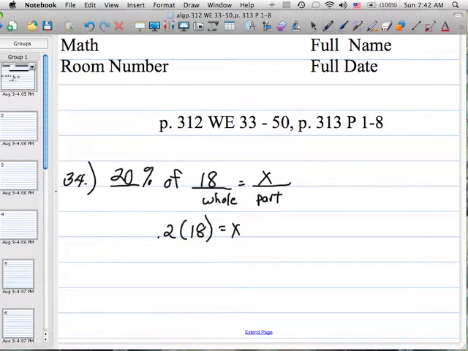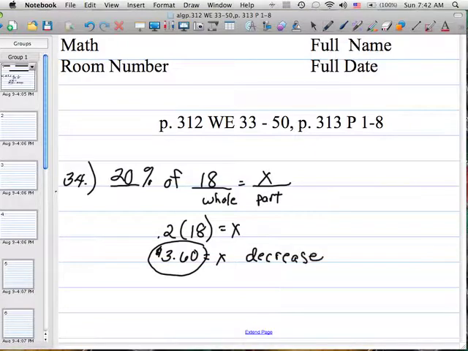So that comes out $3.60. So that's how much it's going to decrease. So the new price, there are two parts to these problems, would be take $18 minus $3.60, which comes out $14.40.